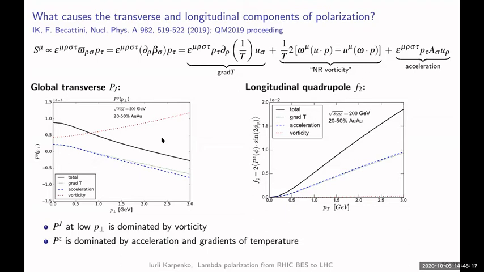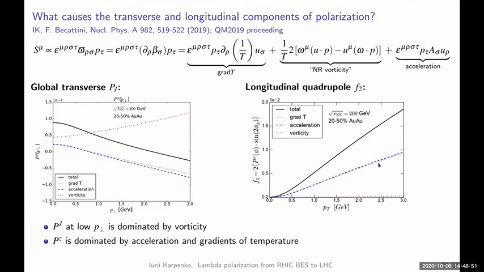And what we have shown is that for the global polarization, the dominant part which plays a role is the vorticity. That's the dash-dotted red curve on the left plot. Different from that, for the quadrupole structure in the longitudinal polarization, the important and dominant ingredients are the acceleration and gradient of temperature. And in case of ideal hydrodynamics, one can show that those two contributions have to be exactly equal.